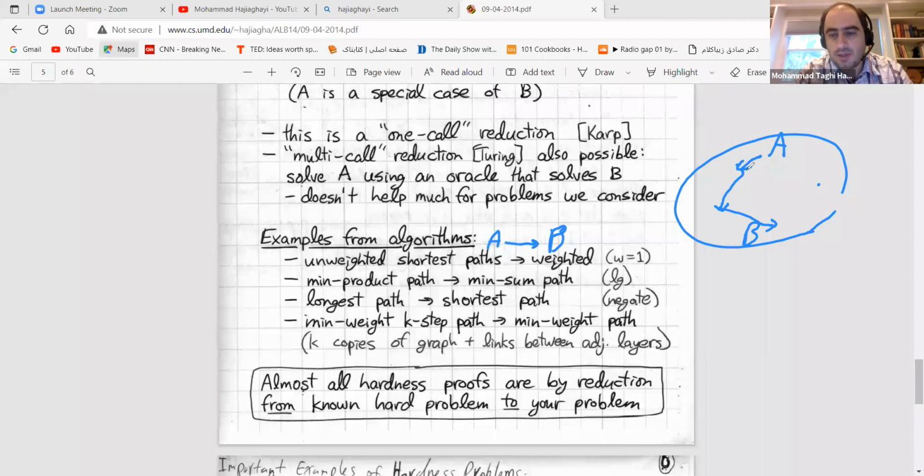Because if we have a procedure for B, we can always say that this is a procedure that solves A. So we call procedure B, the function B, the one that solves it. So can somebody say why there is a reduction from A to B, where A is the unweighted shortest path and B is the weighted version? Please unmute and answer.